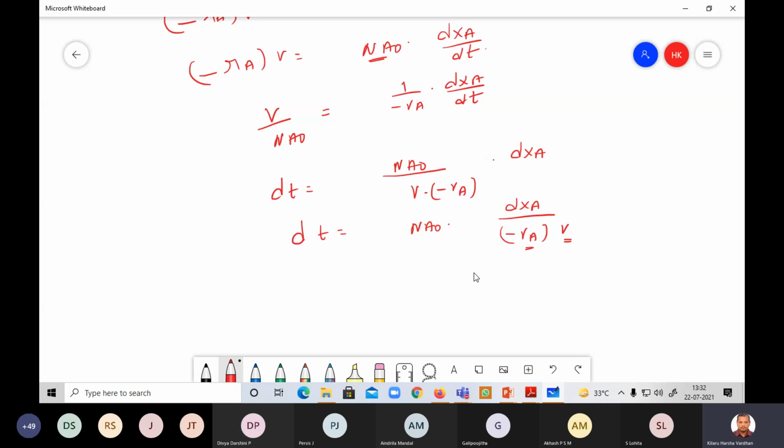V is the volume of the reactant or volume of the fluid. Xa is the conversion. Na naught is the initial number of moles.